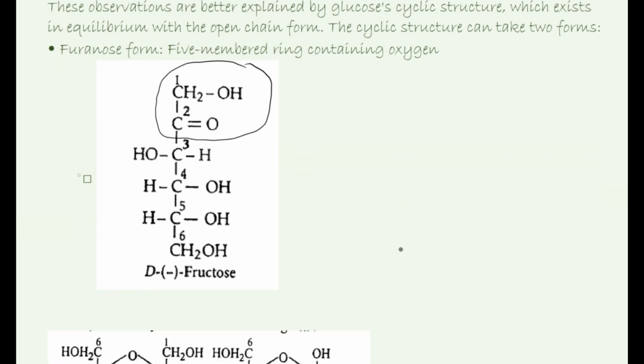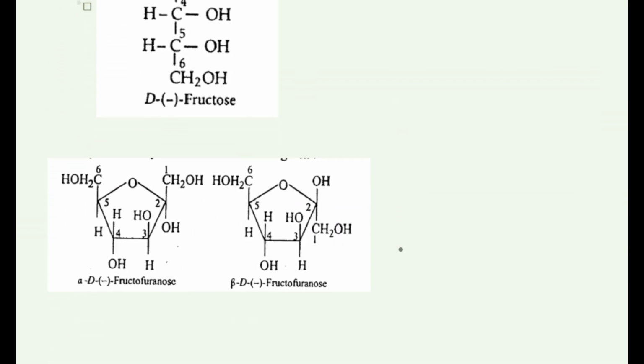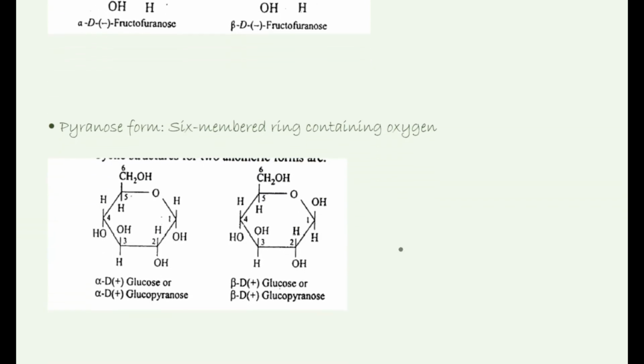Okay, these are the key differences between fructose and glucose. You can see the fructose structure as well. Fructose is a furanose structure, but glucose is a pyranose structure, like this. Please work on this structure. This is very, very important. At what point the OH groups are differently attached, that is important.